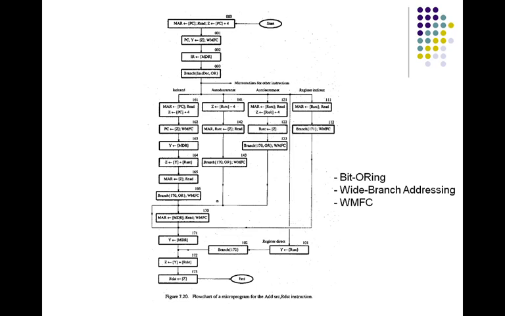In our example, register IR contains the Add instruction, for which the instruction decoder generates the microinstruction address 101. However, this address cannot be loaded as it is into the microprogram counter.